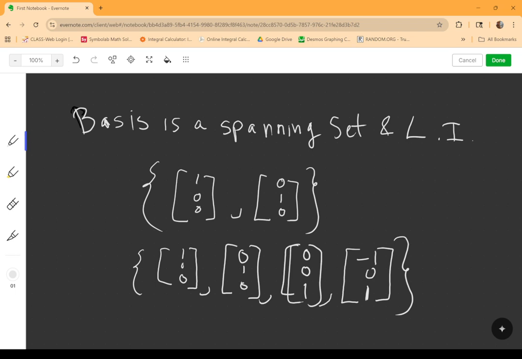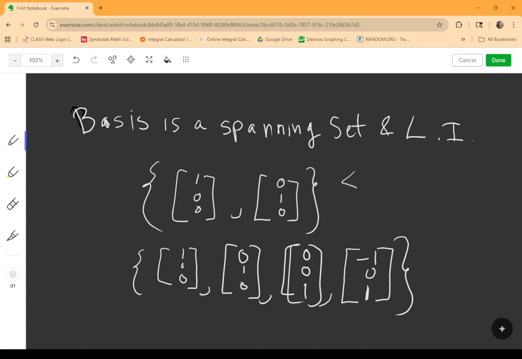I can clearly see that the other vector I've added, I can write as a linear combination of the previous three, in particular the first one and the third one. But it's still a spanning set. I still have those first three, which do span R3. That additional one only takes away the linear independence, so it's still a spanning set, but not a basis.